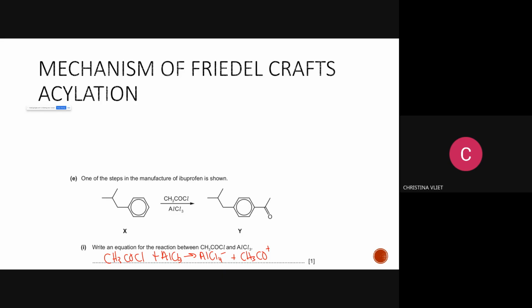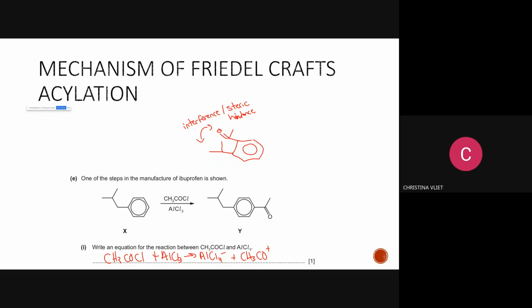Now they want us to do the mechanism to go from this to this. Interesting note, they're putting the acyl group on carbon 4, not on carbon 2. Does it make sense why that's most appropriate? It's called steric hindrance: they're too close to each other.